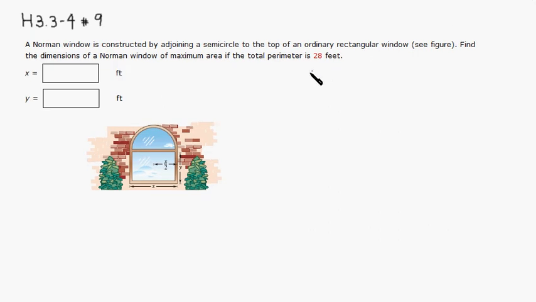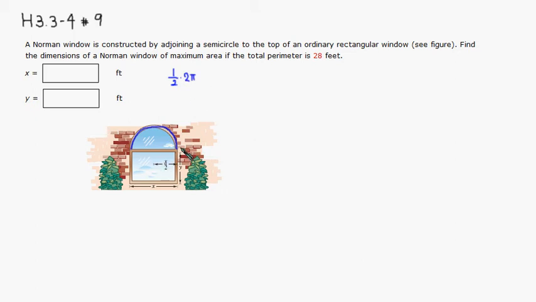We know that there's going to be this semicircle. The entire circumference is 2 pi r, so it's going to be 1/2 of that, so 1/2 times 2 pi r.